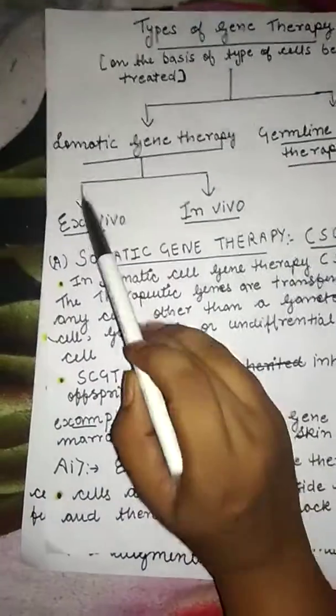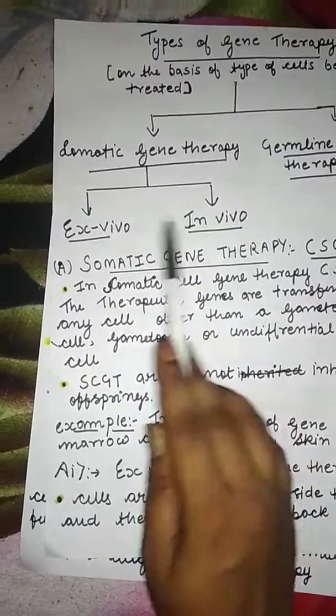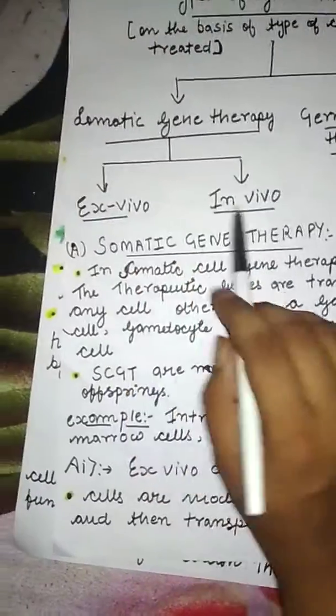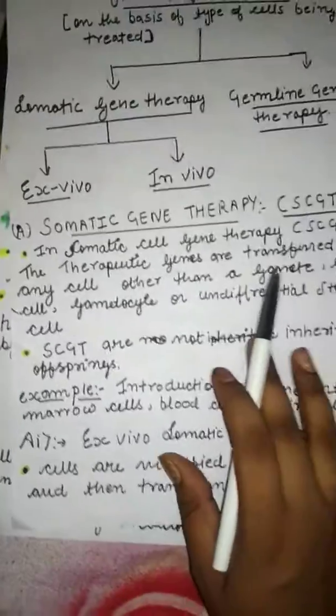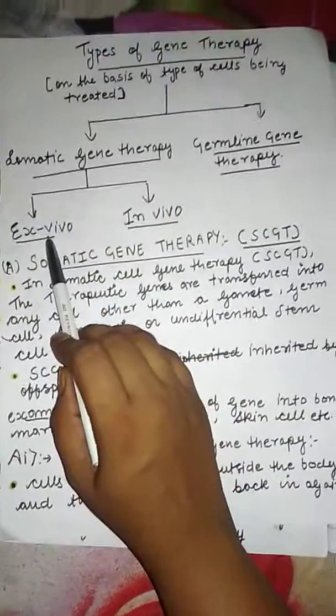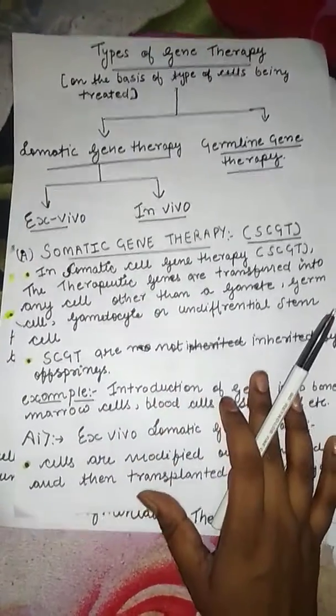Ex vivo basically means anything grown outside the living organism. The X stands for external, and in stands for internal. So this is developed in the external environment and this is developed in the internal environment.